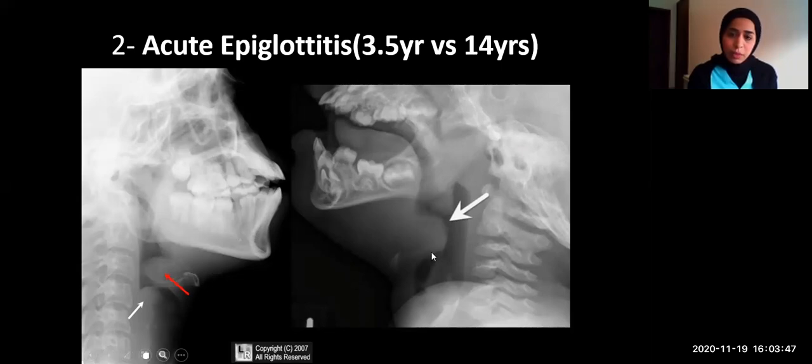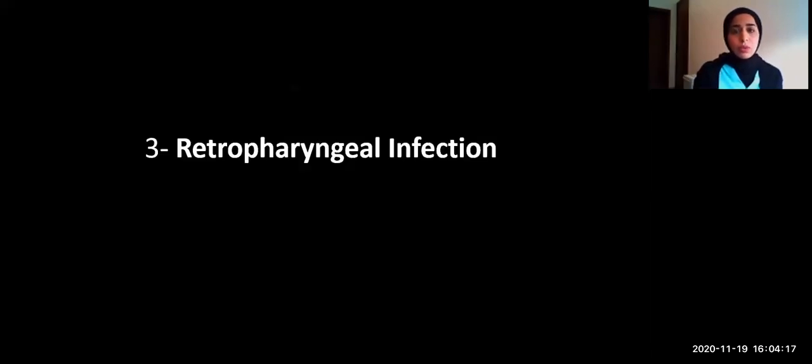If you remember the normal epiglottis, it should be a very finger-like projection, small and thin, and here you can see it has a thumb sign appearance, which is seen typically in acute epiglottitis. And additionally, you can see thickening of the soft tissue, which is the aryepiglottic fold, which is also inflamed and swollen. So this is acute epiglottitis.